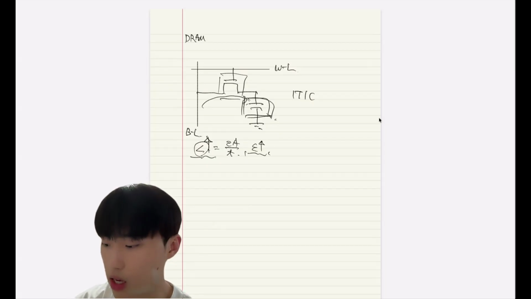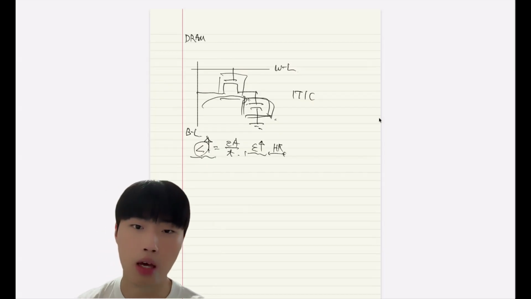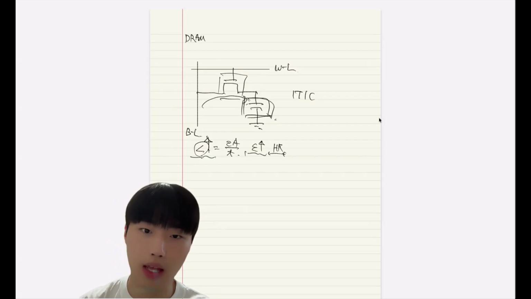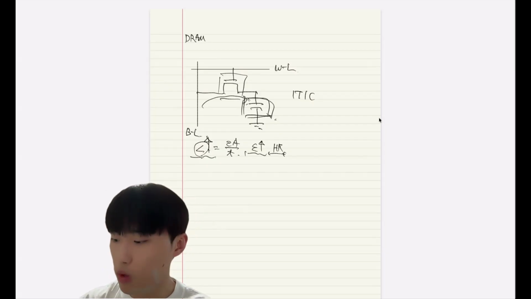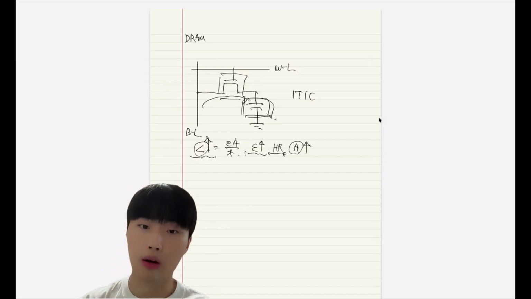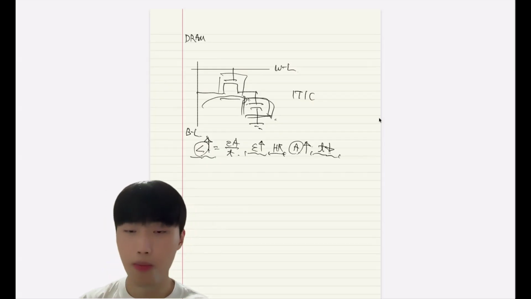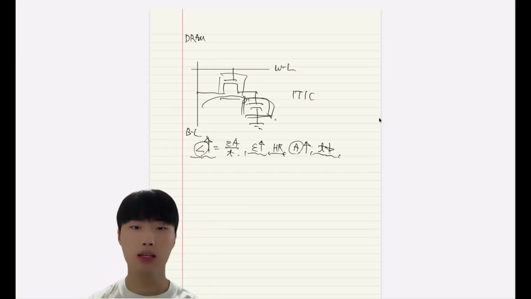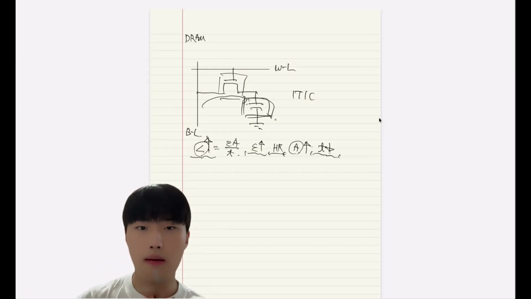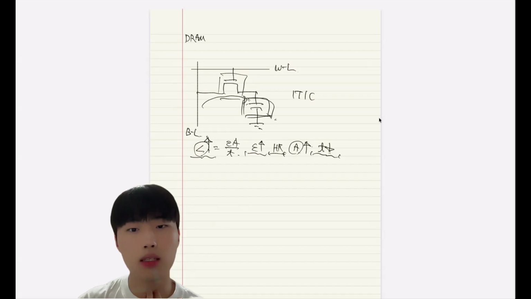We can use high-K material, as we learned with the high-K metal gate on other FETs. We also have to make the area bigger and lower the thickness. Yes, this is how we make the DRAM.